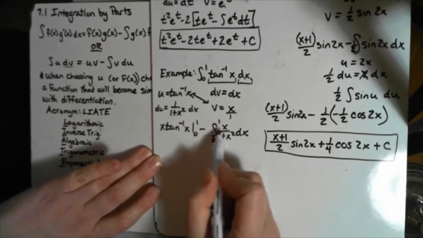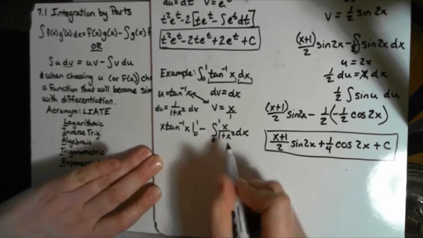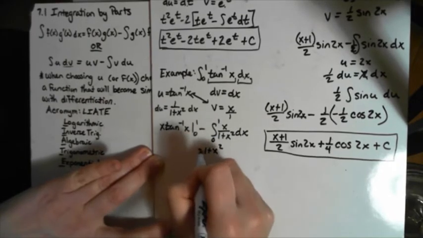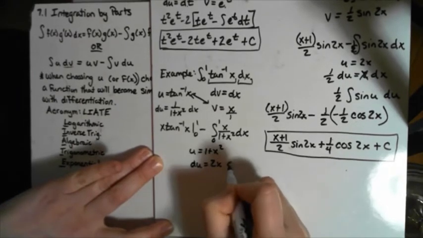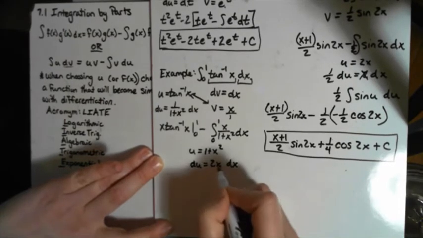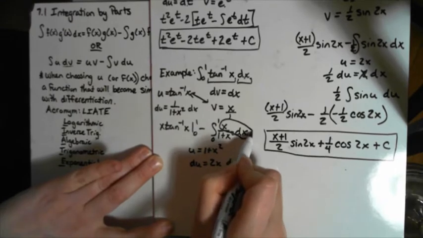But I notice that this needs u substitution now, and it's perfect for that, because if I do the derivative of this denominator, then I get du equals 2x dx. Okay, so almost perfect substitution. I have the x and the dx right here.